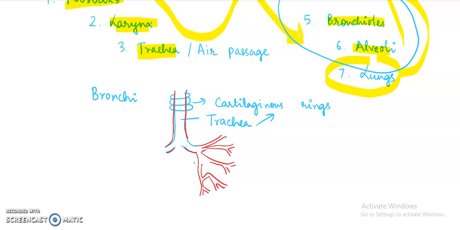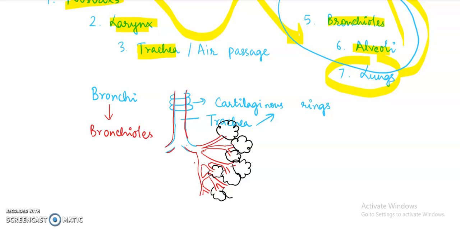So this segmentation should definitely be there. Bronchioles terminate into balloon-shaped structures which are known as alveoli, right? You can see that I am making balloon-like structures, and these are being named as alveoli.